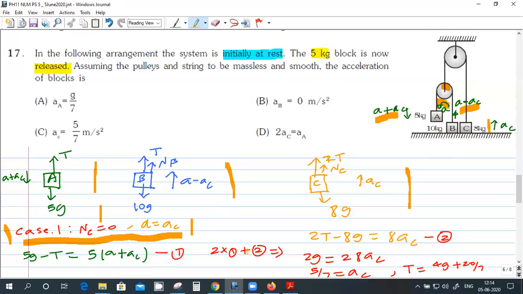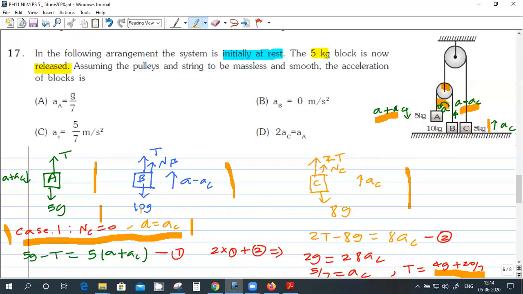Case one is C is leaving the ground and B is staying on the ground. With this assumption, I can write the equations and solve, and I'm getting the value of tension as 4G plus 20 by 7.